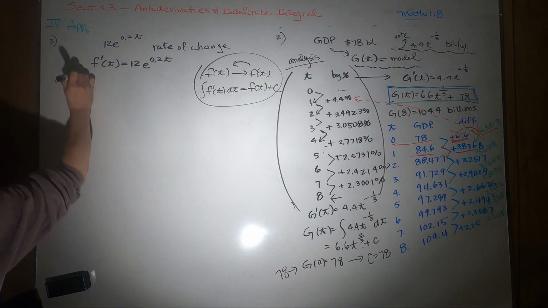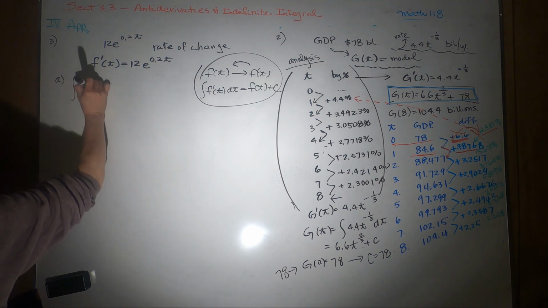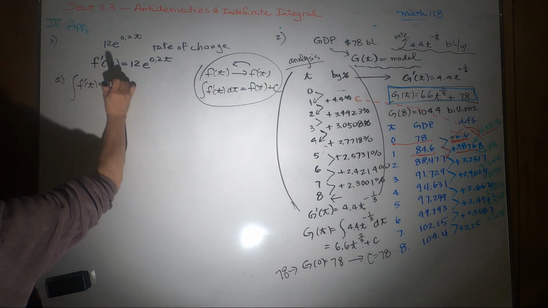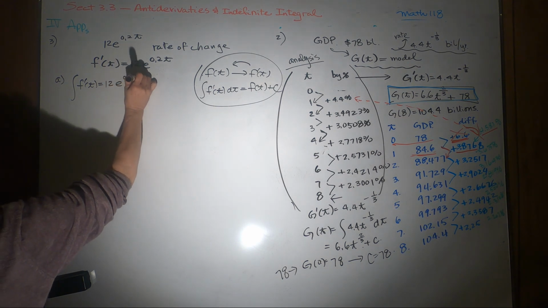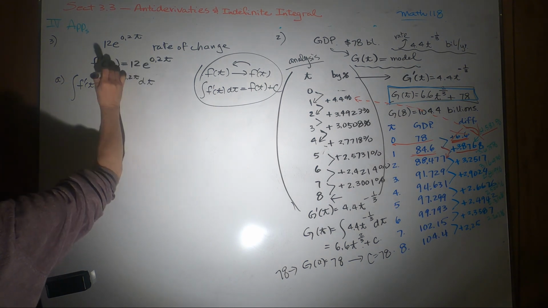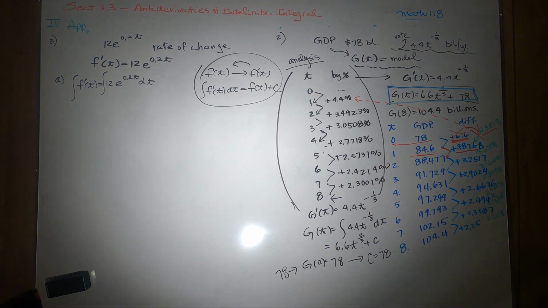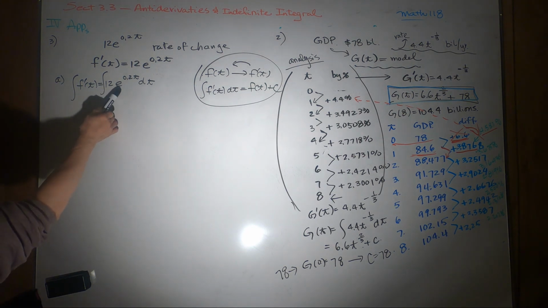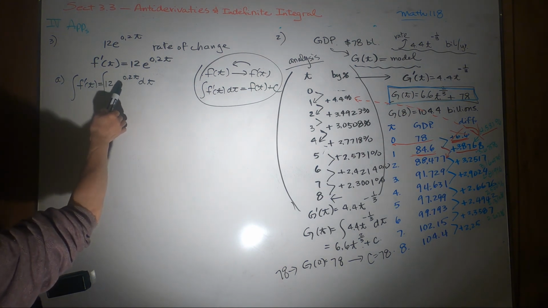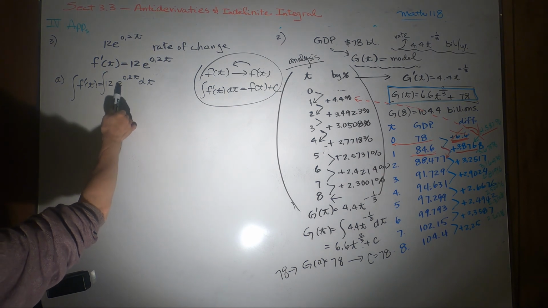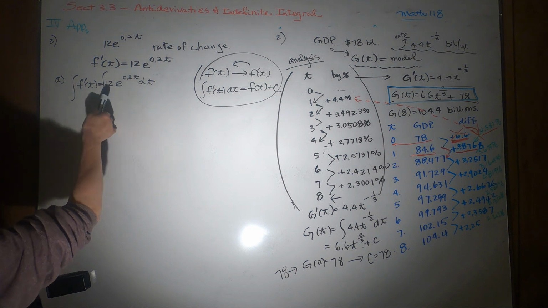The antiderivative of f prime of t. This is exponential growth, so we use the exponential function integral, then the constant rule.